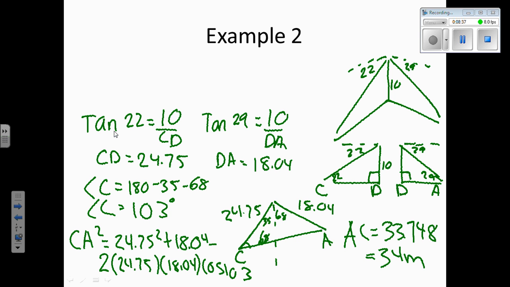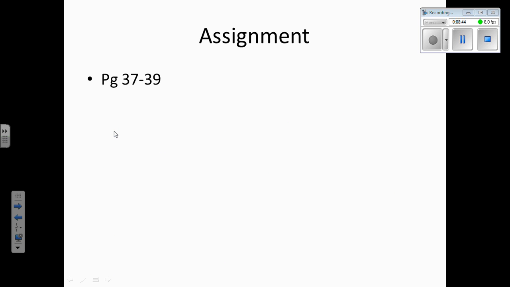So I know the distance between the two tents is going to be 34 meters long. So your assignment is to do pages 37 to 39.